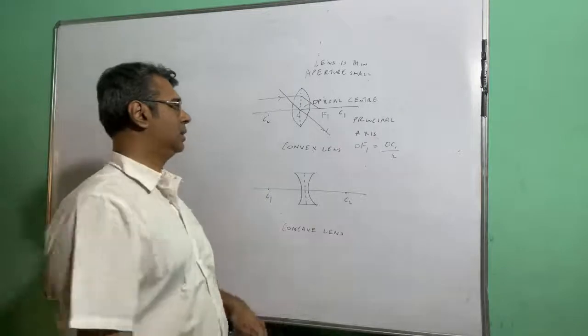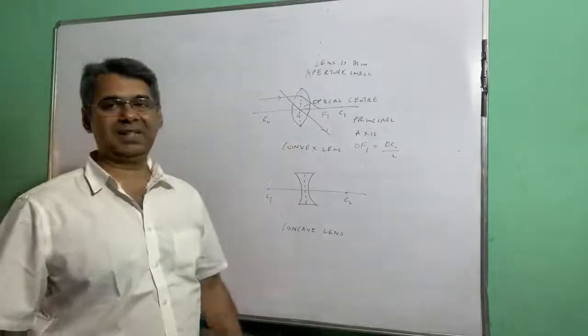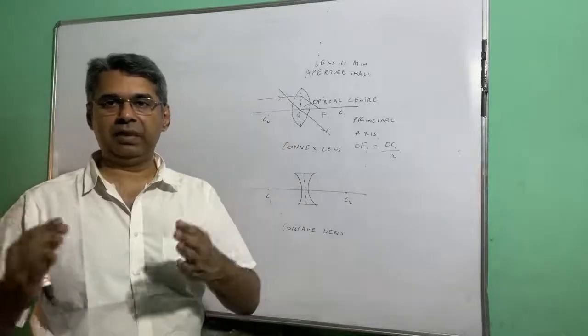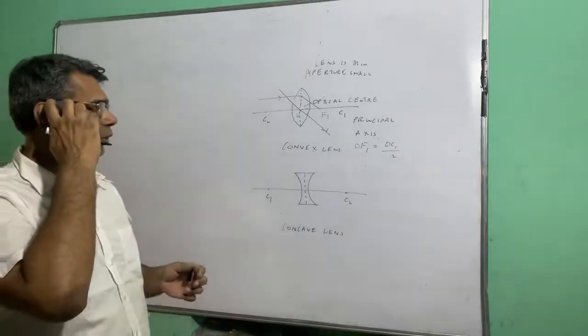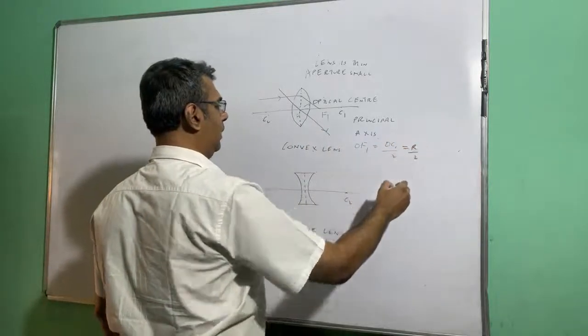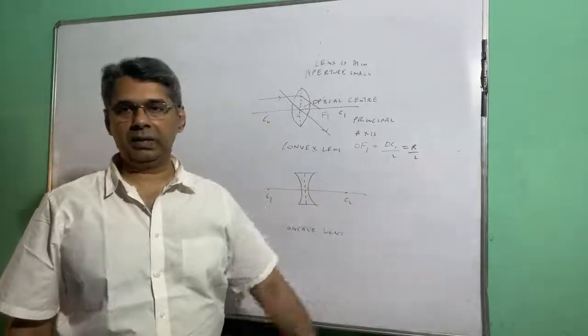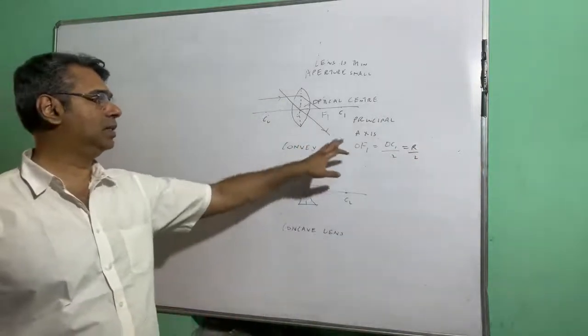So you remember that C1 and C2 are the centers of the sphere from which we have carved out the lens. So OC1 can be taken as the radius of the sphere from which you have carved out the lens. By the way, it is called the radius of curvature of the lens.